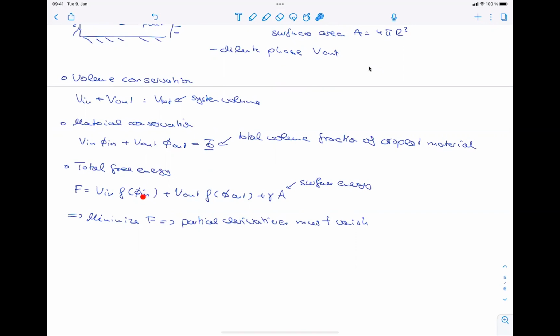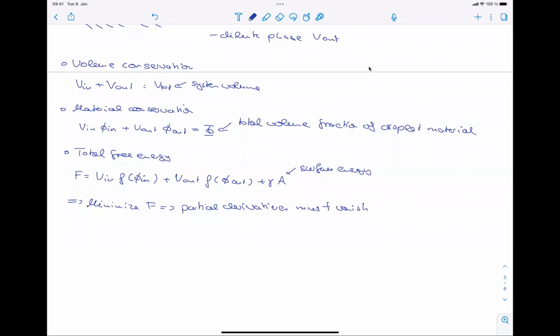We have phi in, volume inside, phi outside, volume outside. But I only noted 2 constraints, right? So we're still depending on 4 minus 2 makes 2. So I have to make a choice. Since I care most about the droplet, I will use my two constraints to replace the outside volume and concentration and minimize with respect to the volume and the volume fraction of my droplet. So I have 4 variables and 2 constraints.